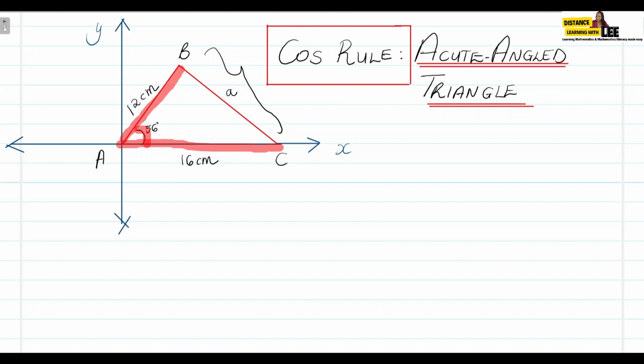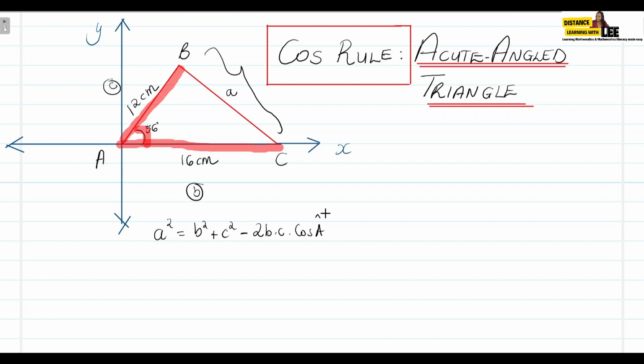We can write side AC as small letter b, because side AC is opposite our angle B. And then we can write side AB as small letter c, because side AB is directly opposite our angle C. Then we would say that a squared, because that is the side that we want, remember we want side BC, is equal to b squared plus c squared minus 2bc cos of the angle between the two known sides.